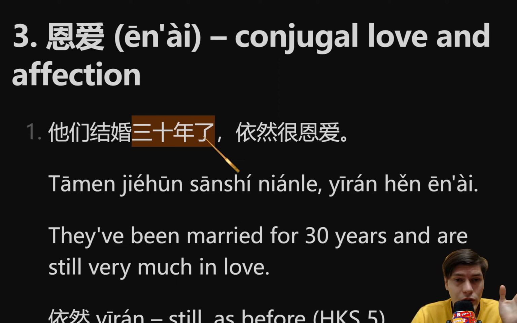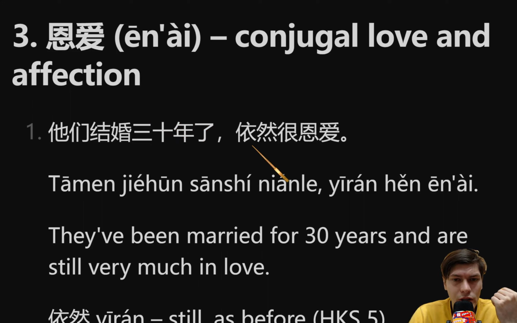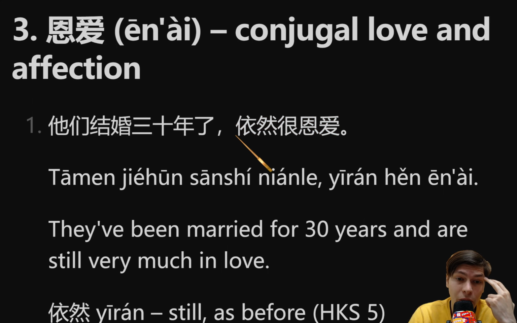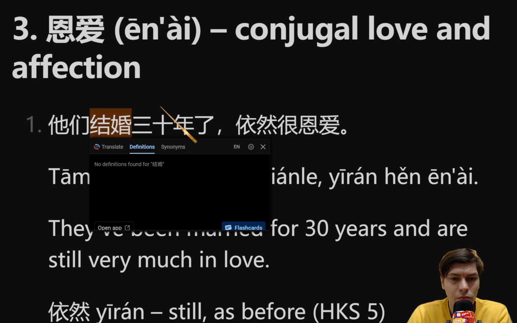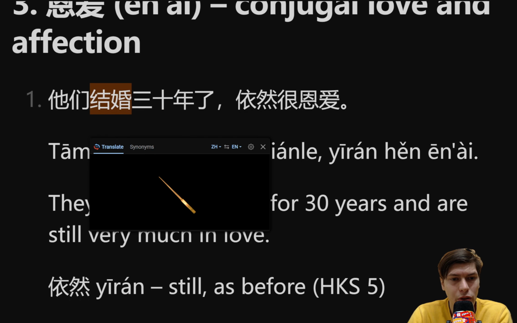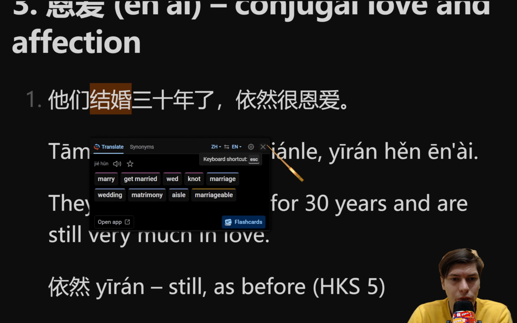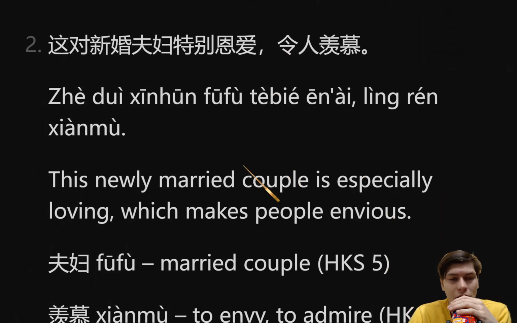The 了 shows, I think, present perfect continuous. 30年了, 30 years. 依然很恩爱, and still very much in love. 他们结婚30年了，依然很恩爱。结婚 could be married or in a marriage. Get married, marriage.